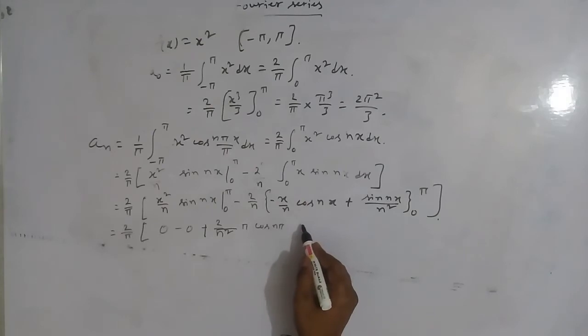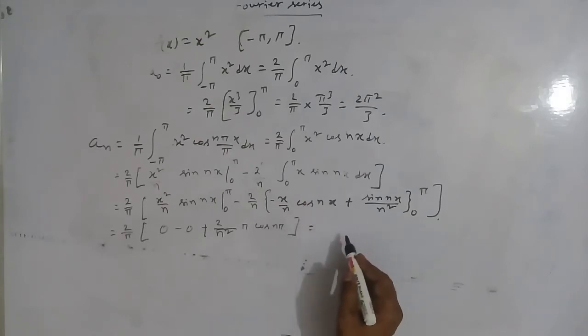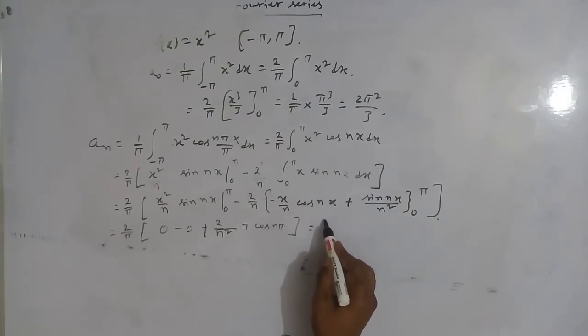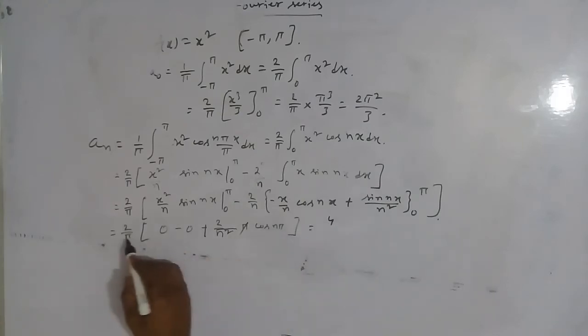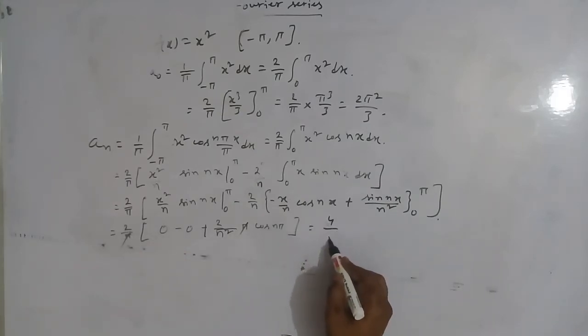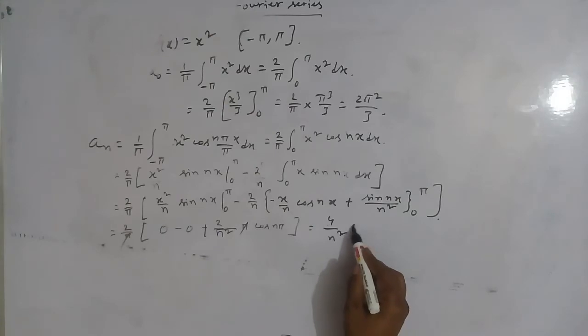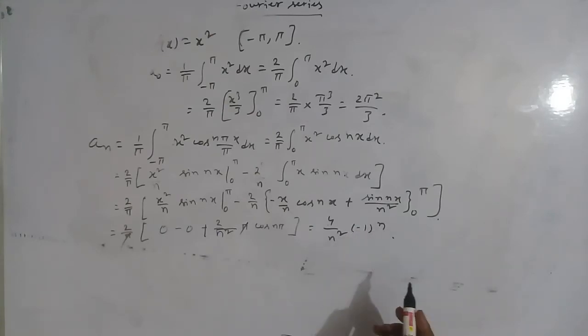So this is the result, and we can write cos n pi as minus 1 to the power n. So it will be 4 by pi, pi is cancelling out, so 4 by n square, minus 1 to the power n. So the value of an is 4 by n square times minus 1 to the power n.